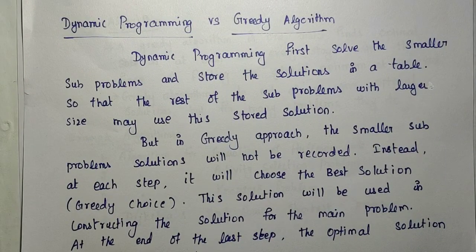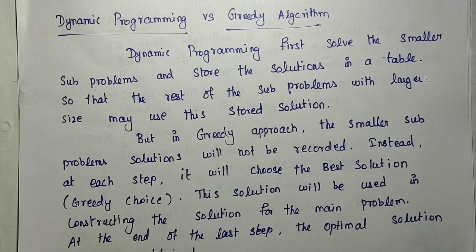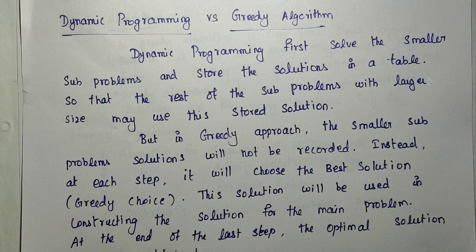Okay, so try to understand the different algorithm design techniques. If you have doubts, be clear on the difference between the three techniques: divide and conquer, dynamic programming, and the greedy approach. Okay, if you have any doubt, you can ask.